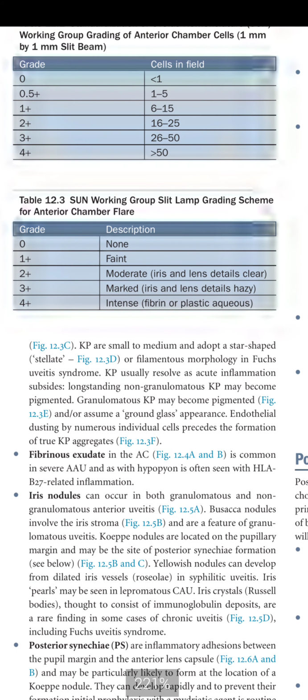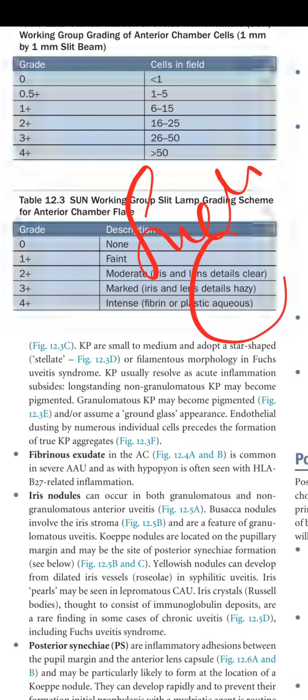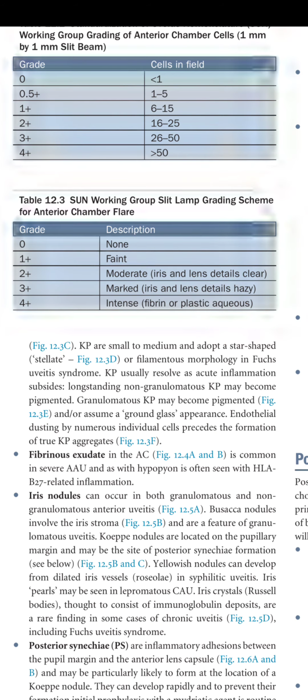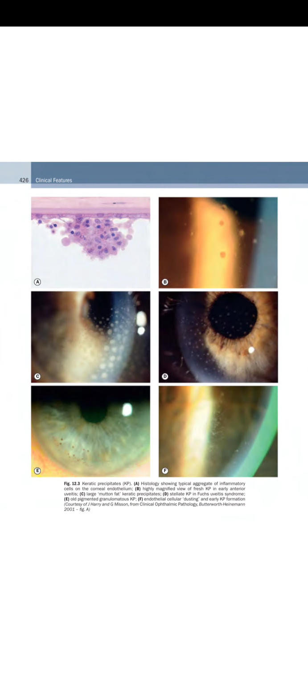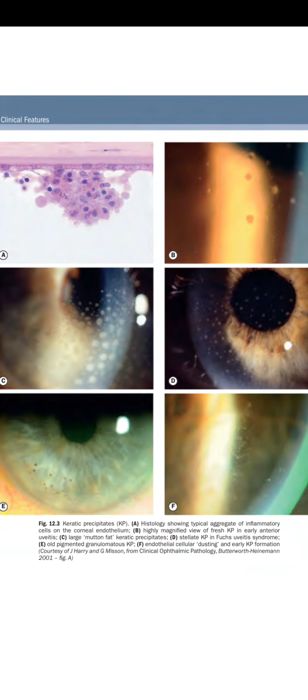KPs are small to medium and adopt a star shape, stellate, or filamentous morphology in Fuchs uveitis syndrome. So in a case of Fuchs uveitis syndrome, they are going to be multiple, star shaped, very small KPs. We can see the figure here. A shows histology, showing a typical aggregate of inflammatory cells on the corneal endothelium.